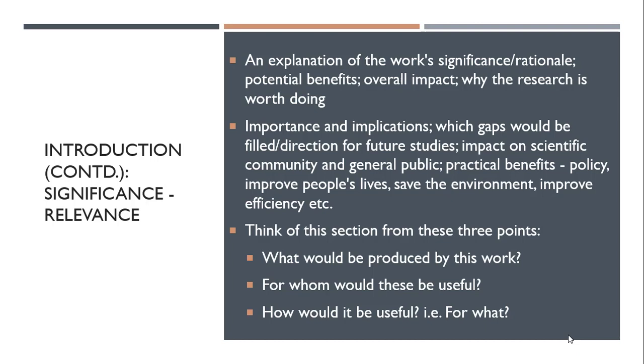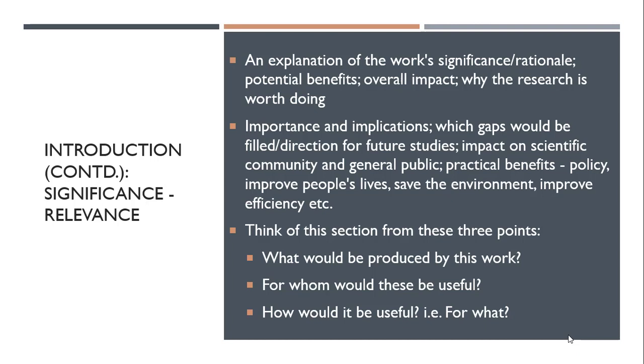So what will you produce? Are you producing data? Are you producing new understanding about some subject? Are you producing a new methodology? For whom will this be useful? Is it going to be useful to policymakers in some sector, or is it going to be useful for NGOs or advocates in this area, or is it going to be useful for scientists in some field of work or study?